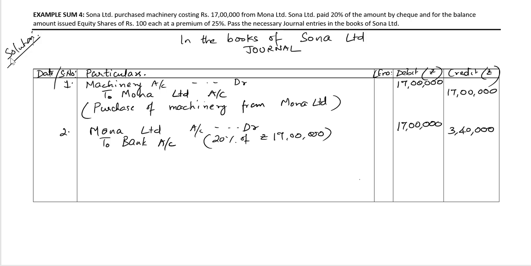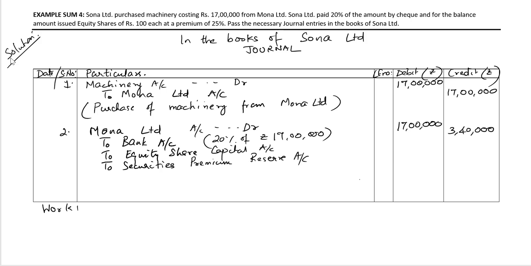The balance is paid by issue of equity shares of 100 each, issued at a premium of 25%. So to equity share capital account, to securities premium reserve account. Let's do the working notes.